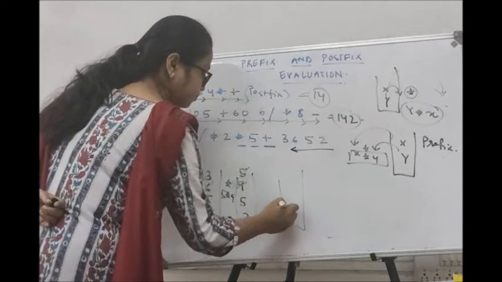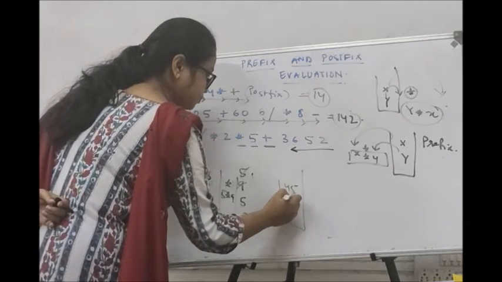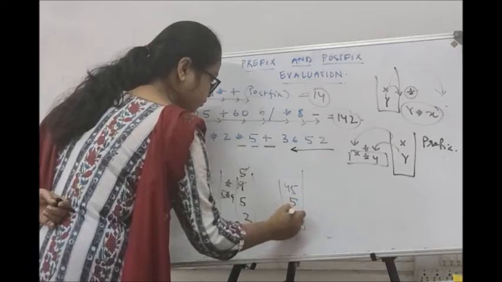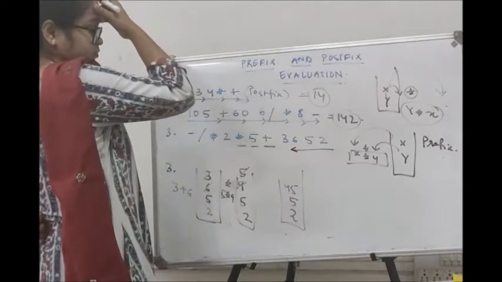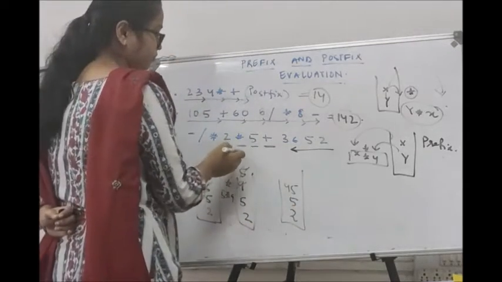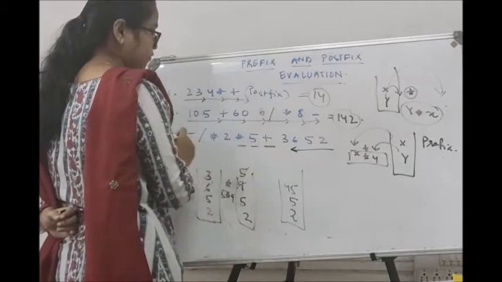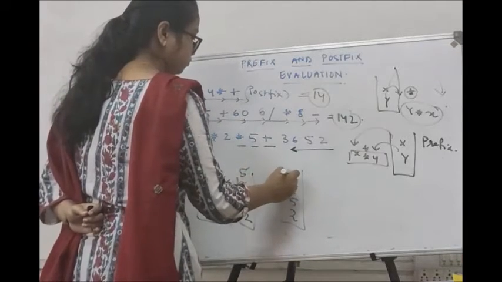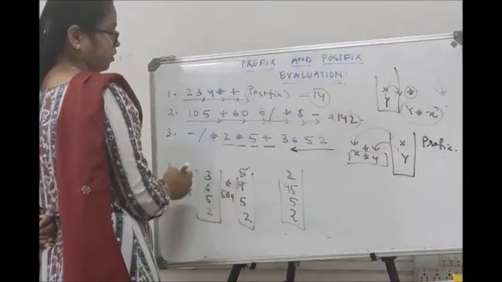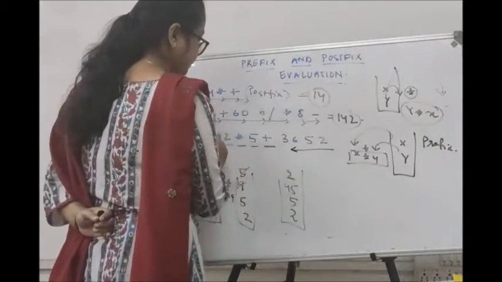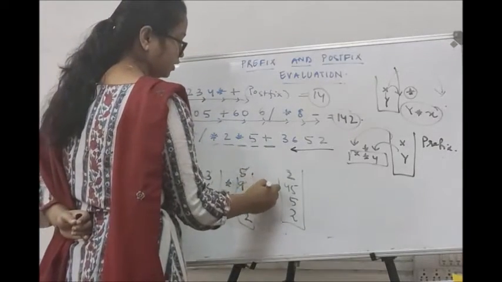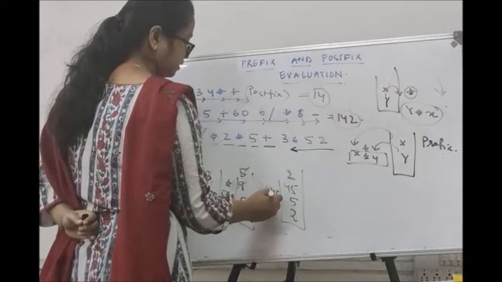What is there? 45 is pushed. 5, 2. Okay. Star has been evaluated, then 2 comes. 2 comes. Then again star comes. So when star comes, we have to do 2 into 45, which is 90.